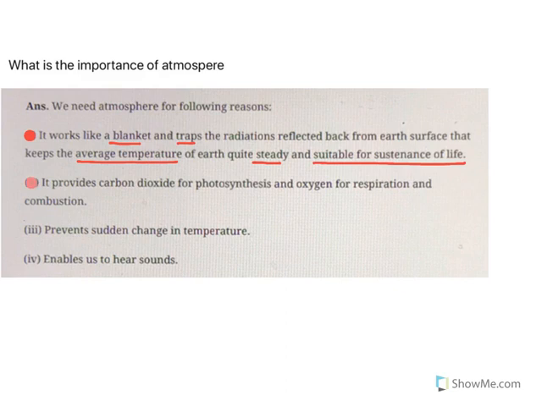Second point, it provides carbon dioxide for photosynthesis and oxygen for respiration and combustion. It prevents a sudden change in temperature because it acts like a blanket around the earth. And then it enables us to hear sound. If not for the atmosphere, we would not be able to hear sound.